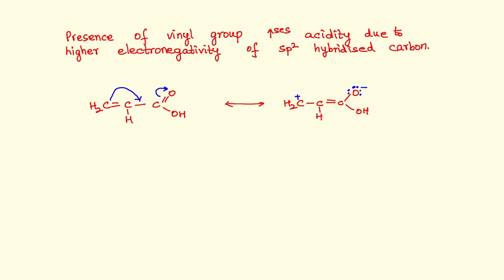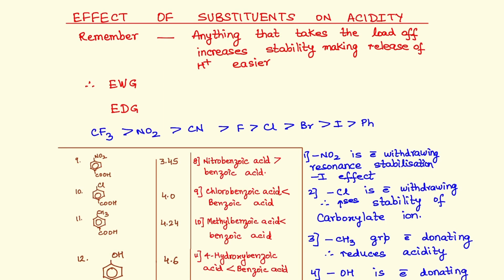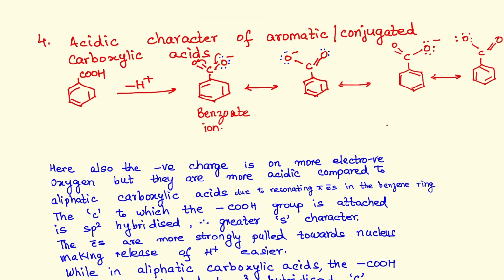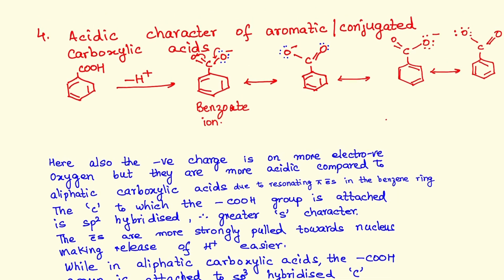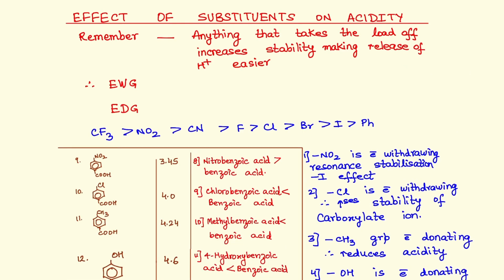Clear so far? Now, we did the generalization of the acidic character of aromatic carboxylic acids. The presence of substituents on the benzene ring definitely has a lot of effect on the acidity.